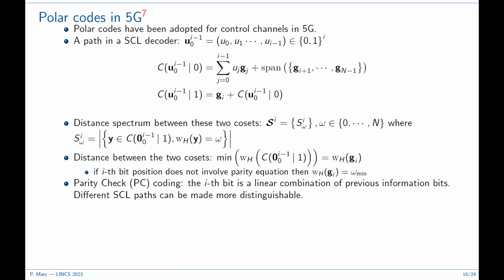So the idea developed in the 5G standard is parity check coding, which is to let the i-th bit be a linear combination of previous information bits. That way we can tune the value of this bit and increase the Hamming weight of the combination, and so the distance spectrum of the code, to make the different successive cancellation list paths more distinguishable from one another.